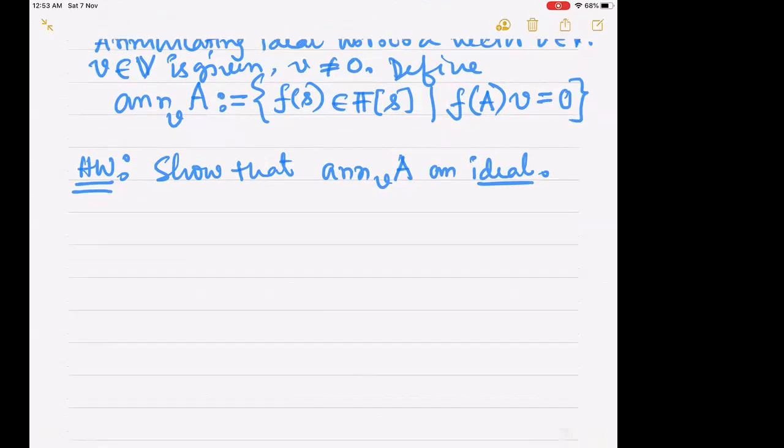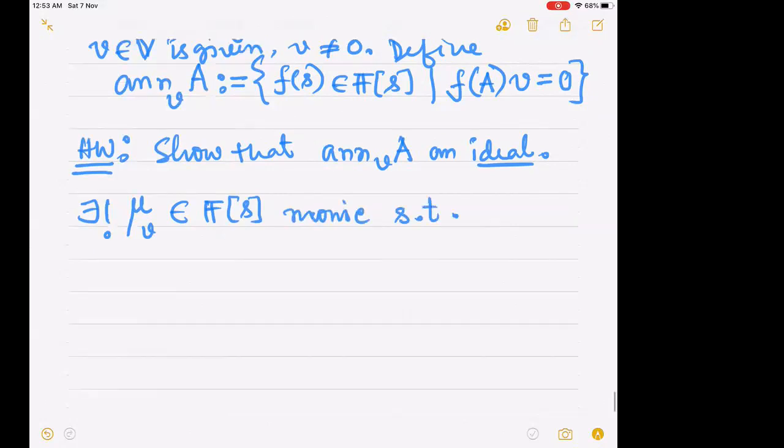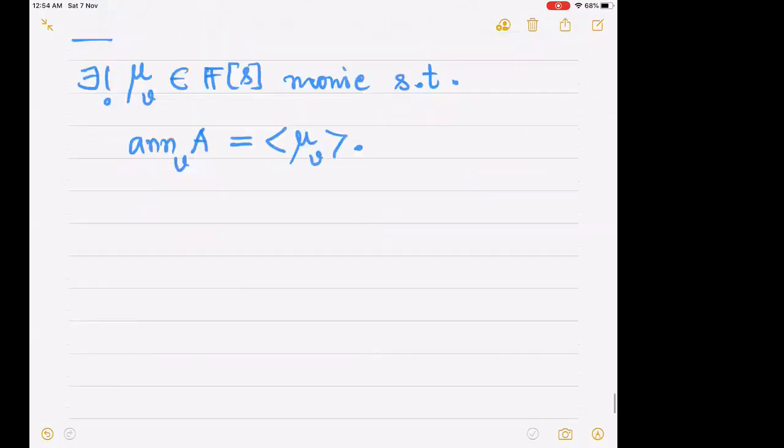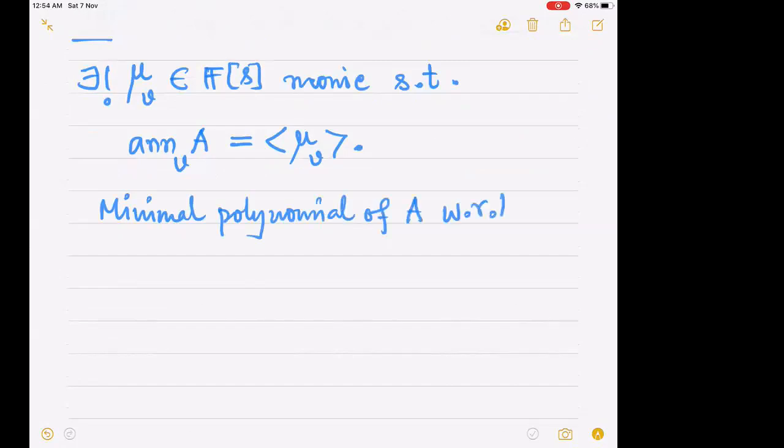So there exists a unique mu v in F(s), which is monic, such that A_v is generated by mu v. So this mu v is the minimal polynomial of A with respect to a vector v.